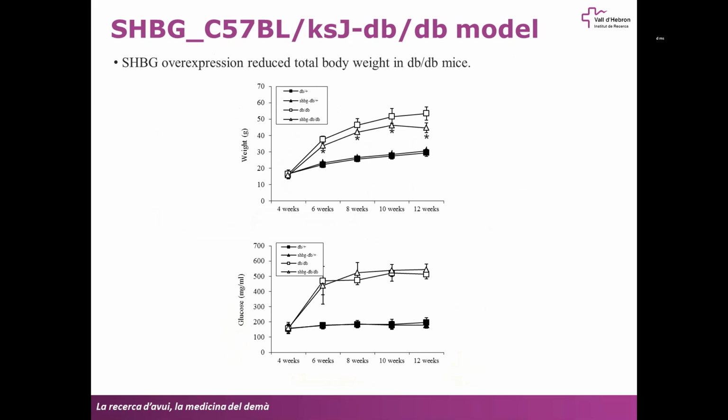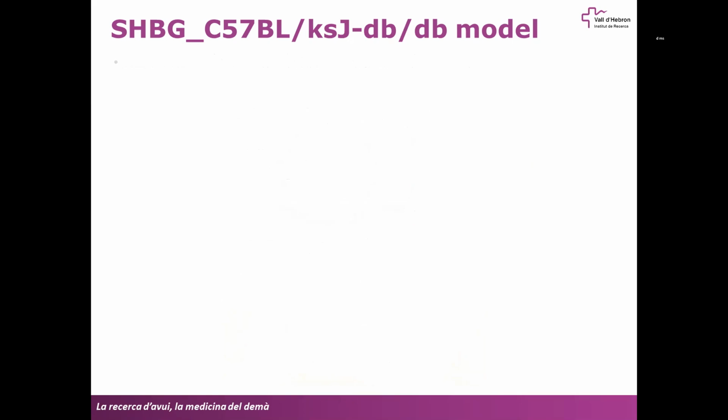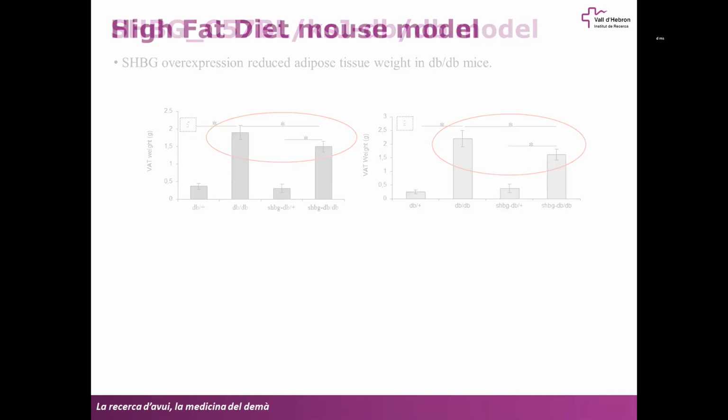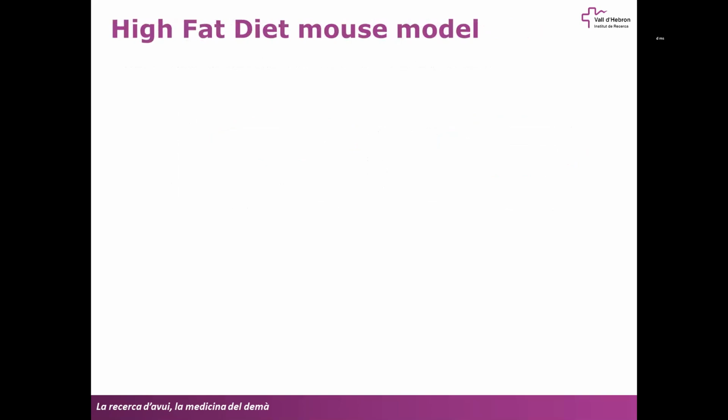And as I said, by week 6 they develop diabetes, and the overexpression of SHBG does not affect the glucose levels. Next, what we saw with these mice is that they have a smaller amount of adipose tissue, both in males and females.